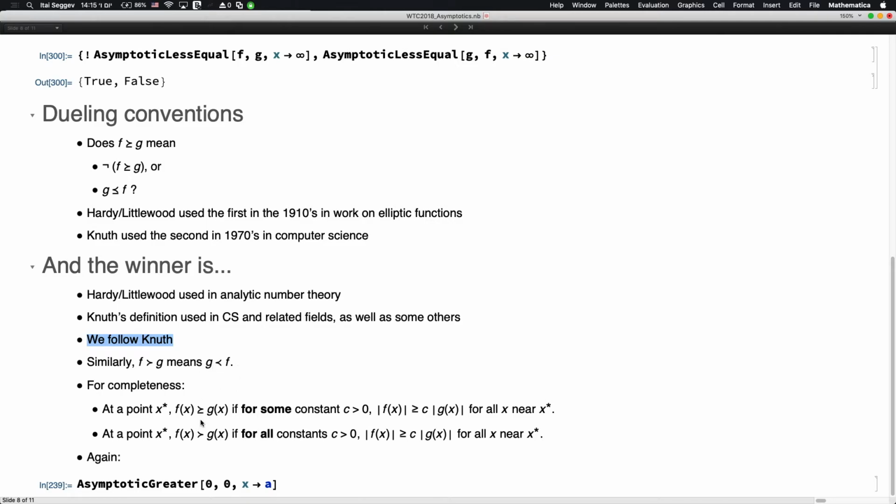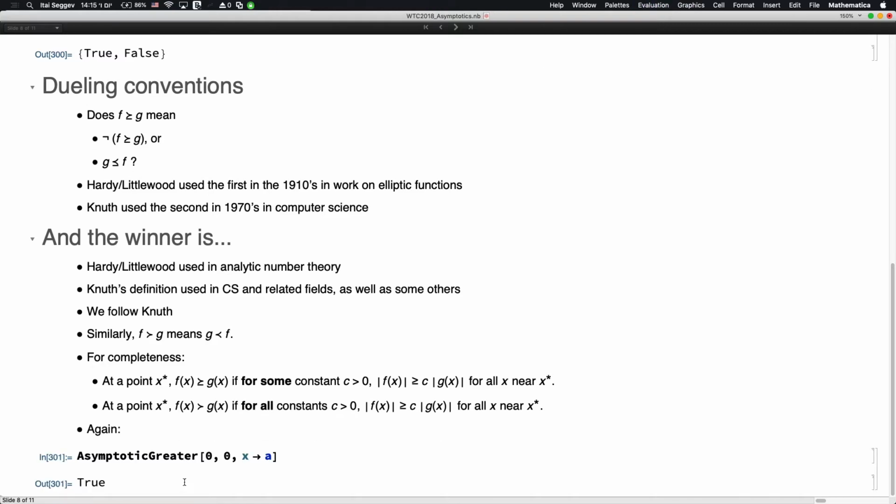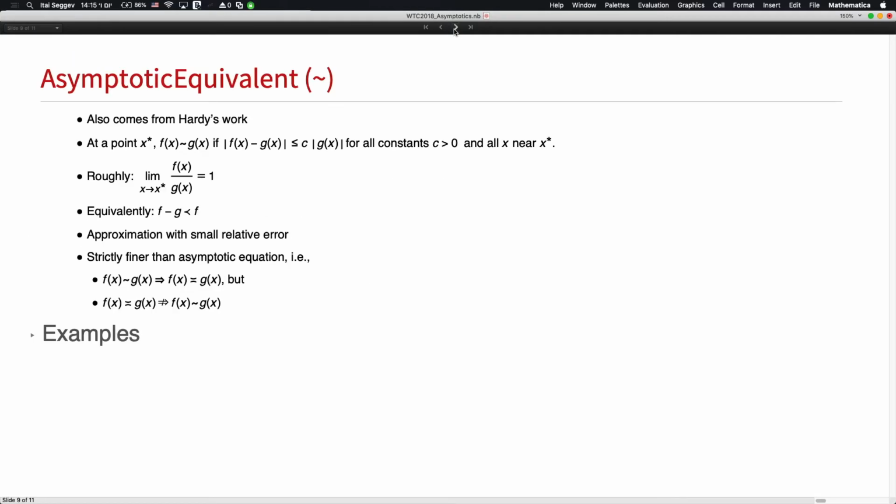And so the winner is, well, analytic number theorists continue to do what they do and use Hardy and Littlewood's definition or some friends thereof, because there are actually 4 different omegas in analytic number theory. Knuth's definition is used in CS and related fields, probably some others. So we follow Knuth. Similarly, f is greater than g means g is less than f.